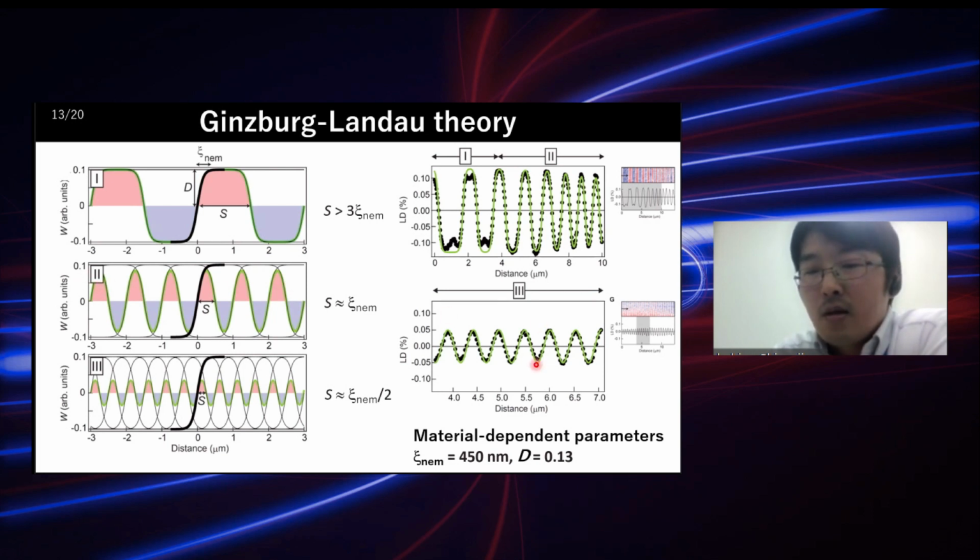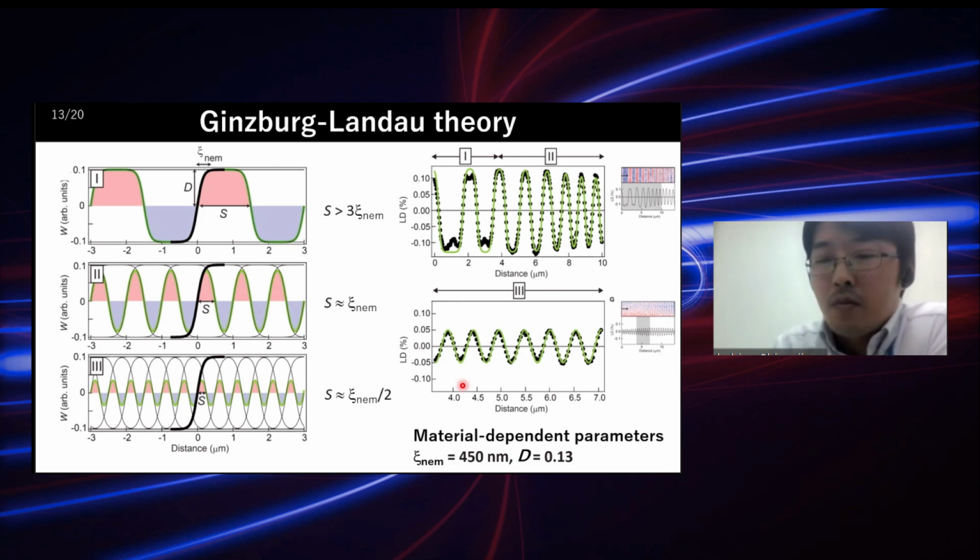And this sinusoidal wave with smaller amplitude should correspond to this one. The important thing is that we could reproduce this data by assuming only two parameters, ξ and D. These parameters are material dependent.